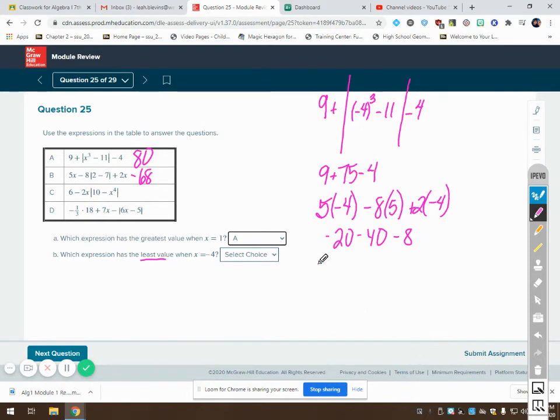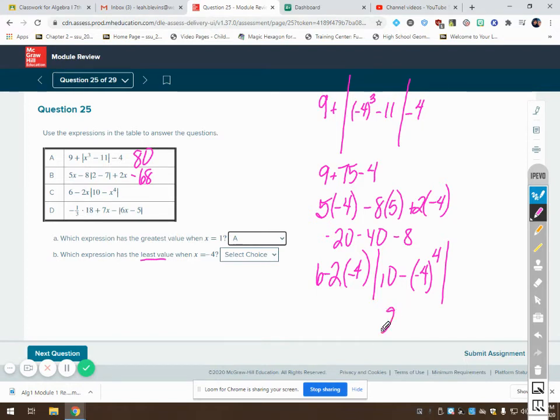Keep on going. 6 minus 2 times negative 4 times the absolute value of 10 minus negative 4 to the fourth power. Negative 4 to the fourth power is 256. So 10 minus 256 would be negative 244.